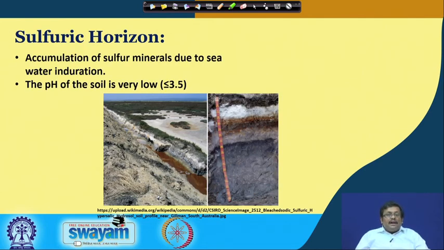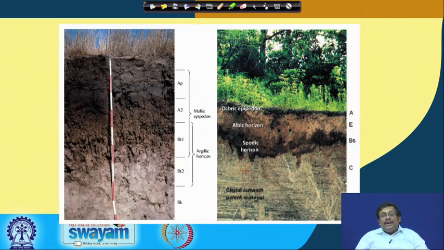Sulfuric horizon shows accumulation of sulfur minerals due to seawater intrusion. In India, in the Kerala region, you will find this type of sulfuric horizon in Kari or Pokkali soils, and the pH of the soils is very low, less than 3.5.